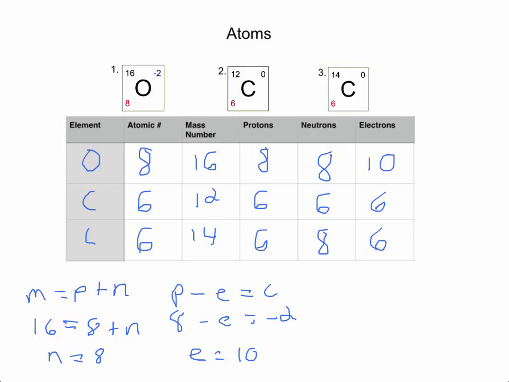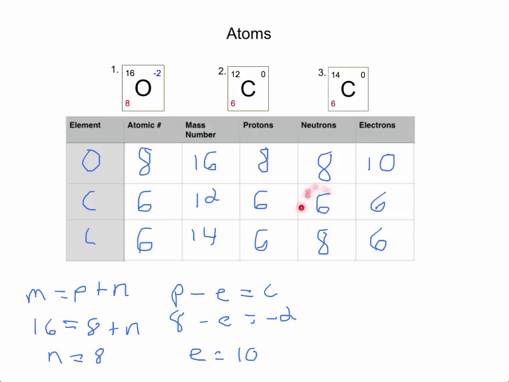Now this might seem a little strange. How can we have carbon atoms here that have different mass numbers? Well, the answer is in the numbers of protons, neutrons, and electrons. We can have the same number of protons, 6 and 6, which makes it carbon, but the number of neutrons located in the nucleus are different.